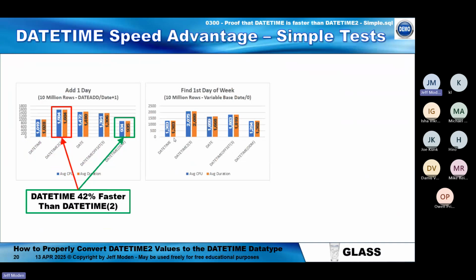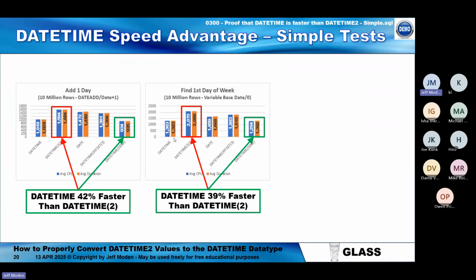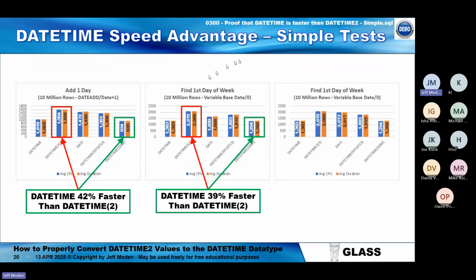And then we have our second test for finding the first day of the week. Very similar, there's the DateTime2, 3 run, and here's the DateTime. And again, it's 39% faster. And the first day of the week, which was using the variable, there's the DateTime2.